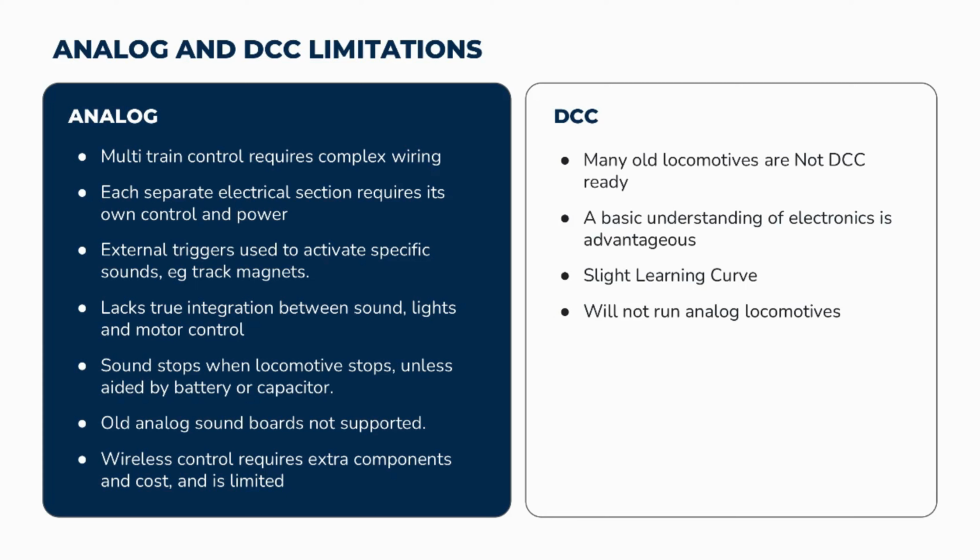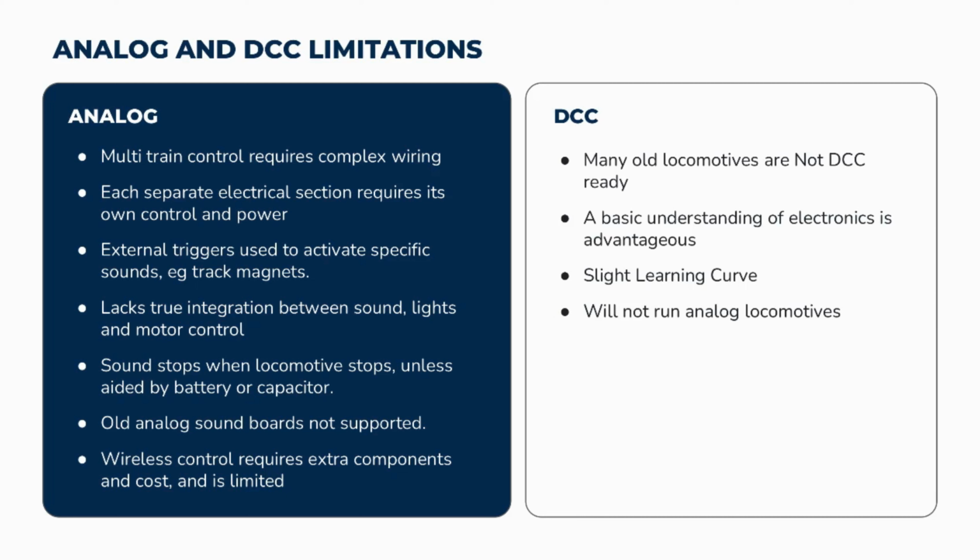Because what happens digitally is that power comes up off the tracks, goes into the decoder, and then back to the motor or the lights or what have you. So when it's not DCC ready, the main point is that the motor block won't support it. Now, motor blocks can be converted.